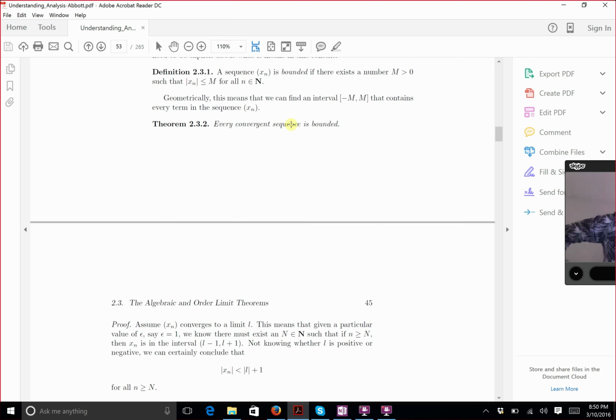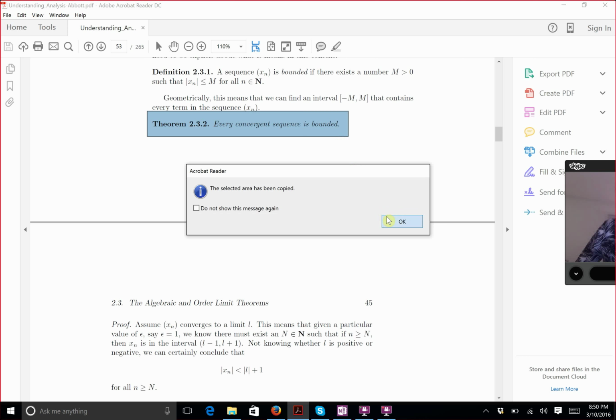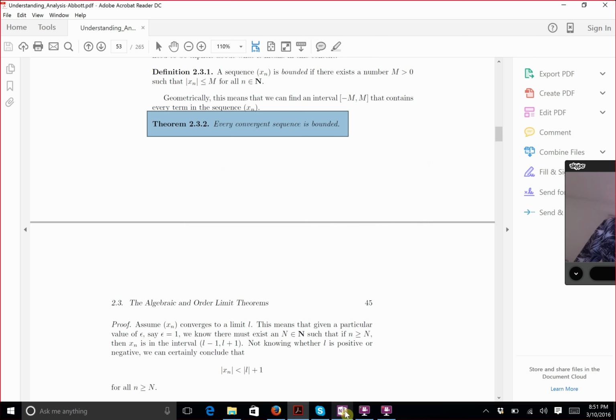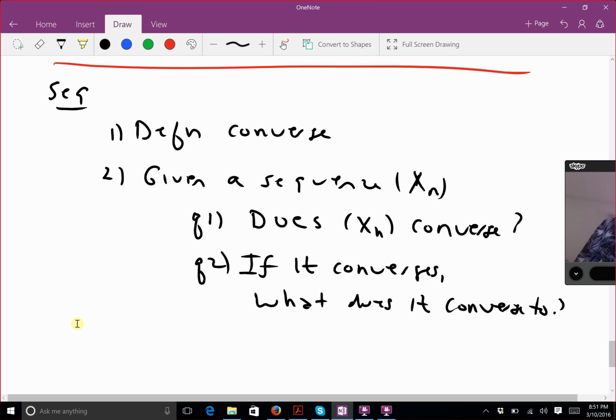Well, I take that back. This is actually important. There is one theorem that's important here: a sequence has to be bounded if it converges. Because this answers the first question.